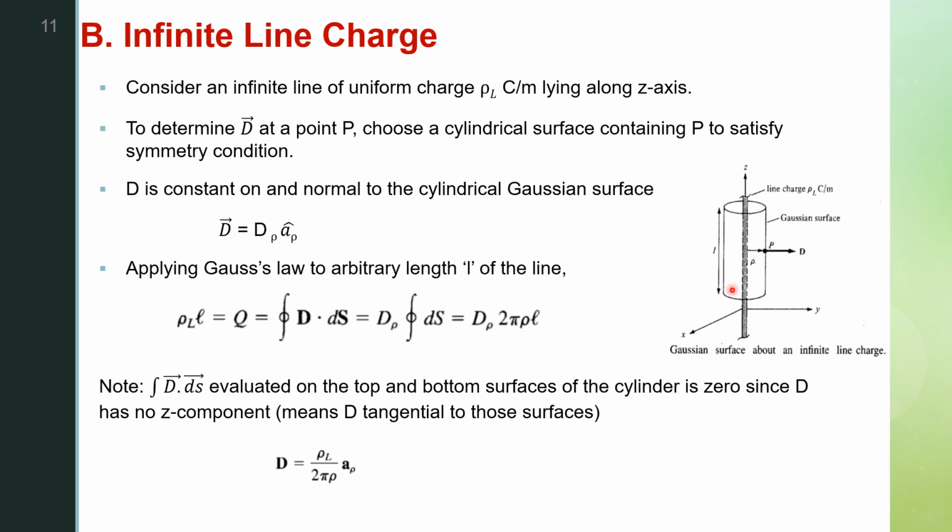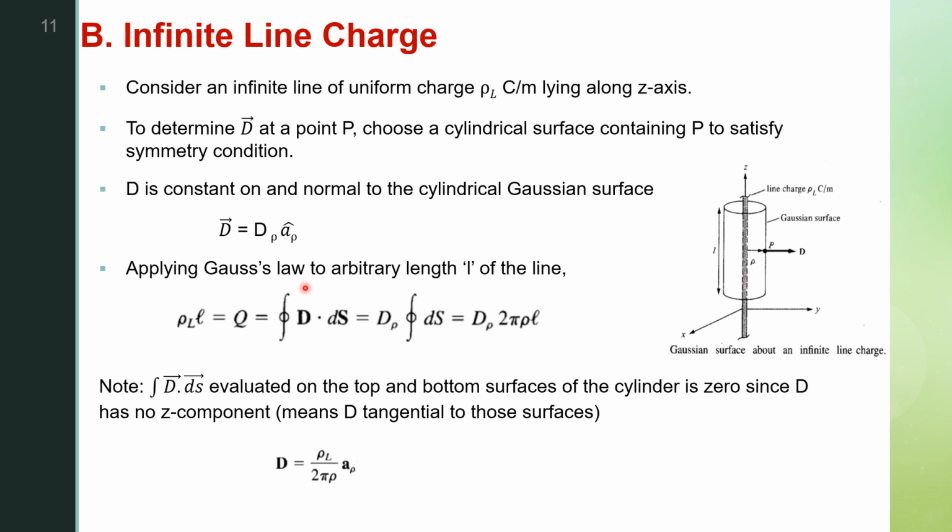So this is our Gaussian surface. The cylindrical surface is the Gaussian surface. Here the electric flux density is constant and normal to the cylindrical Gaussian surface, so we can write D equal to D_rho a_rho. It is along rho, where rho is the radius of the cylinder.